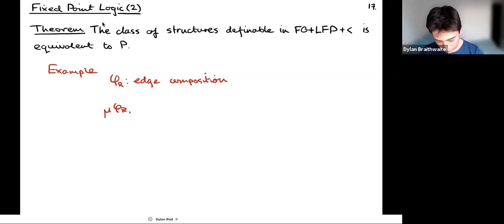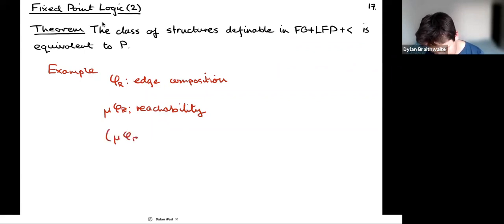And that will be reachability. So the idea is that this, as a subset of V squared, is true for two vertices if there's a path between them, and from that we can pretty easily define whether a graph's connected. I'm not going to write it out because I'm running quite low on time.